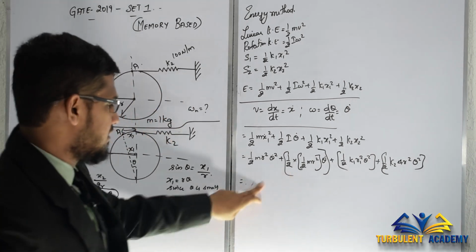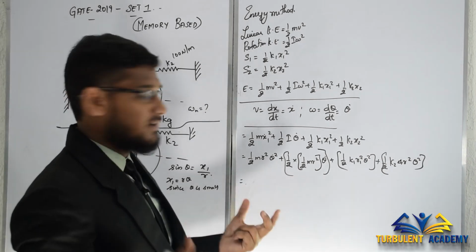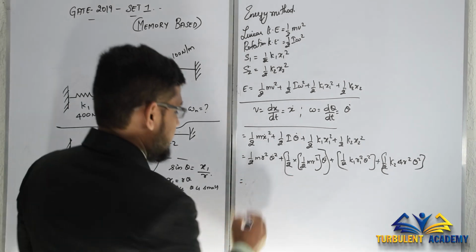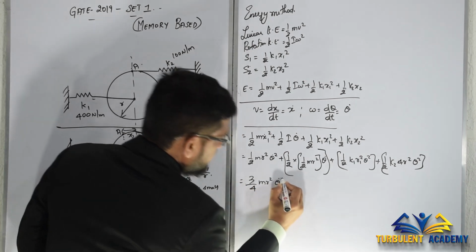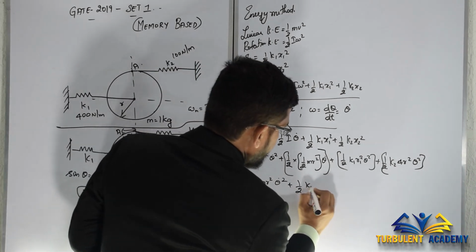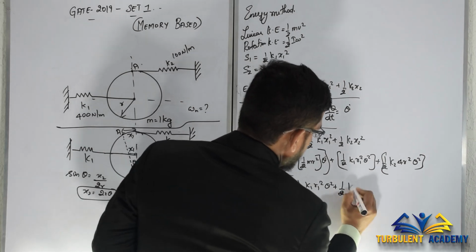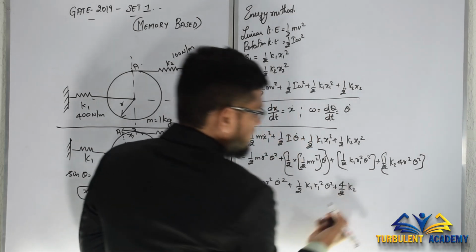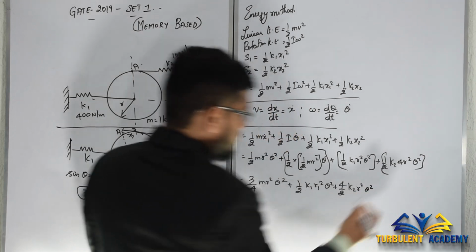So these two are similar, we can add it up. So 1 by 2 and 1 by 2 is 1 by 4. So 1 by 2 plus 1 by 4 is 3 by 4. So 3 by 4 mr square theta dot square plus 1 by 2 k1 r1 square theta square plus 1 by 2 k2, so let's like 4 by 2, I'll take it in r square theta square.